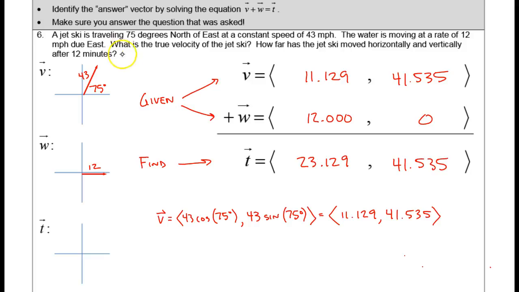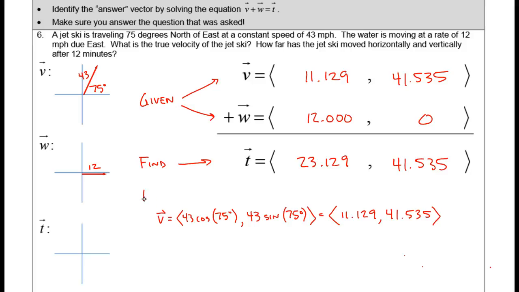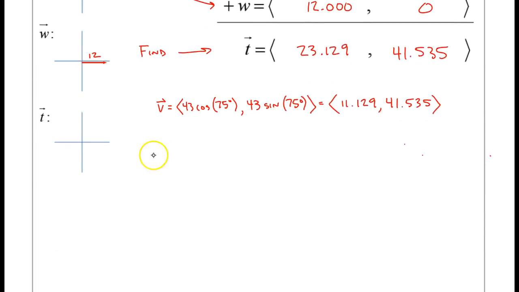Okay, so let's go back and read the question and make sure we're asking the question that has been answered. What is the true velocity of the jet ski? Well, here it is in component form, but let's go ahead and give it in terms of a magnitude and a direction. So the magnitude of t is going to be equal to the square root of 23.129 squared plus 41.535 squared.